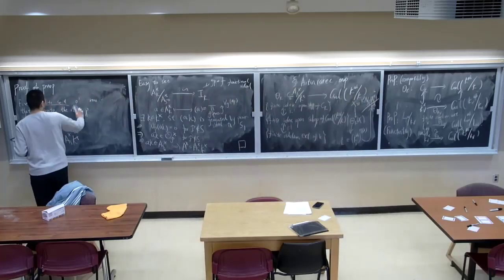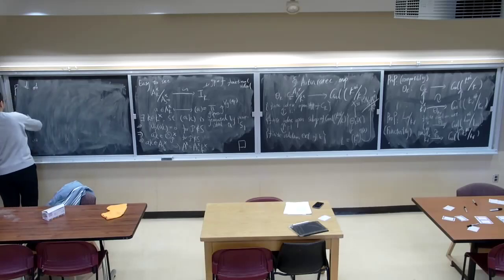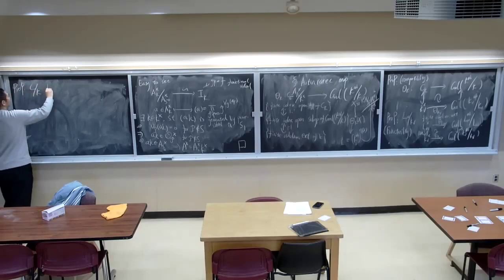Similarly, for the global reciprocity map we have similar statements. For global, we also have L over K a finite abelian extension.